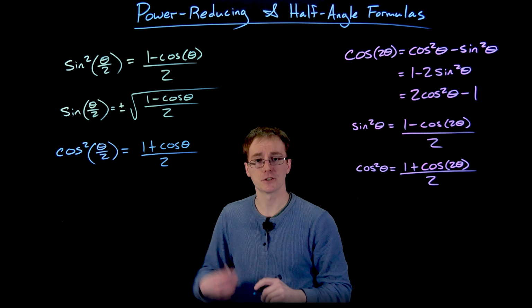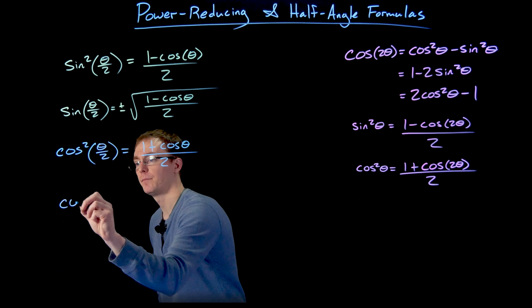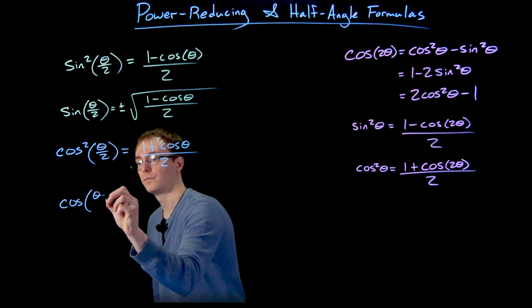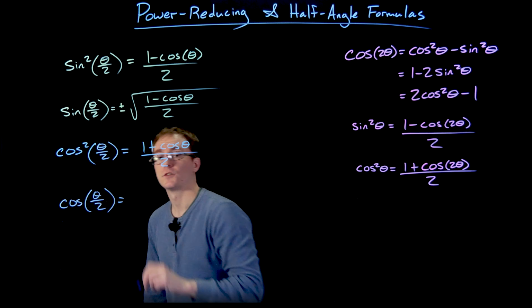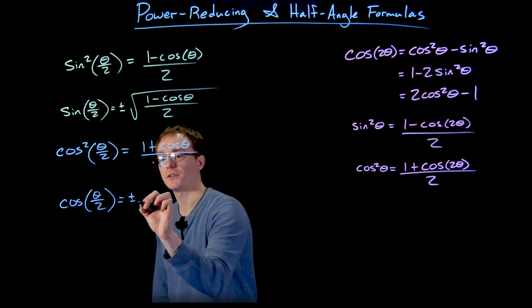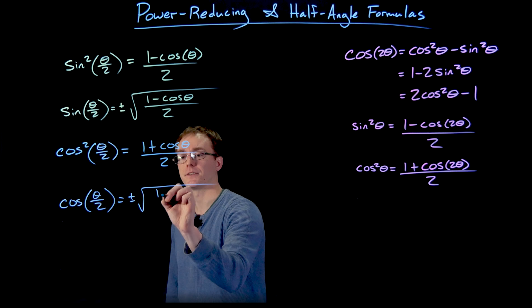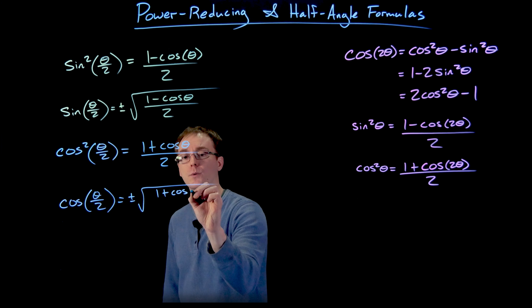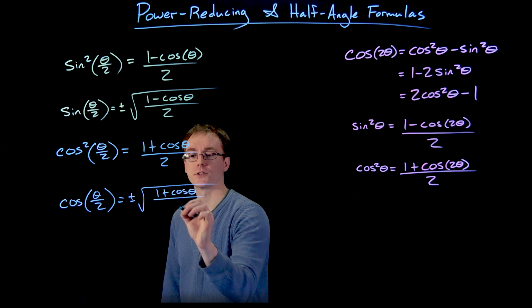And so again, to finish this off, we take the square root of each side. The square root of the left-hand side cancels out our exponent of 2, and that gives us plus or minus the square root of our right-hand side, or plus or minus the square root of the quantity 1 plus cosine of theta divided by 2.